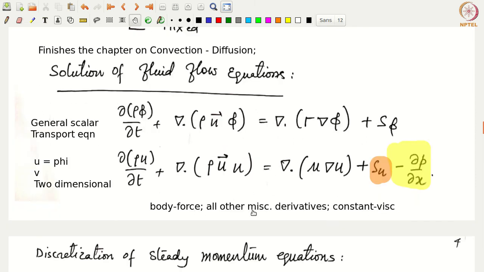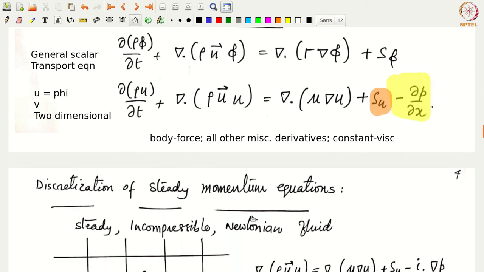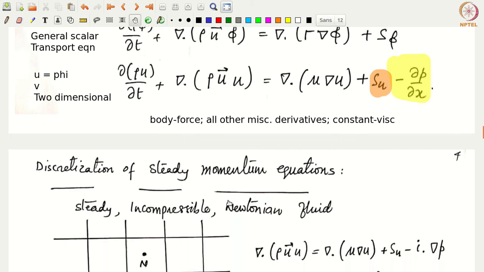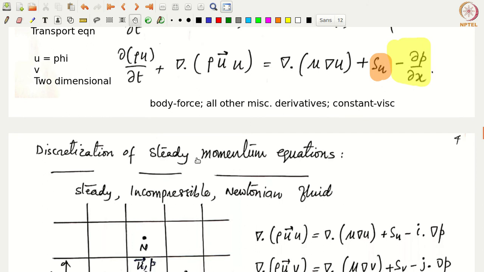All right. So how do we now discretize the momentum equation? We would like to get started with a steady momentum equation. We don't want to do the unsteady as of now. So let us make some approximations.